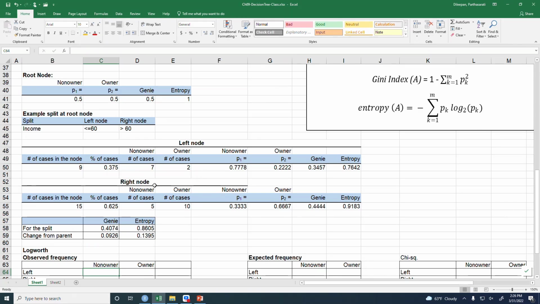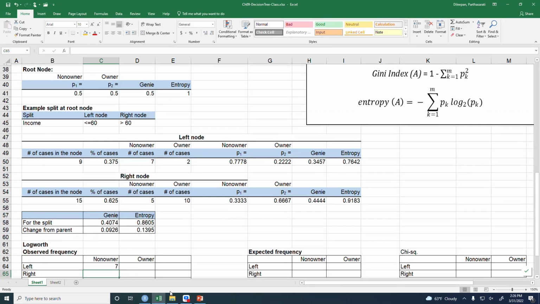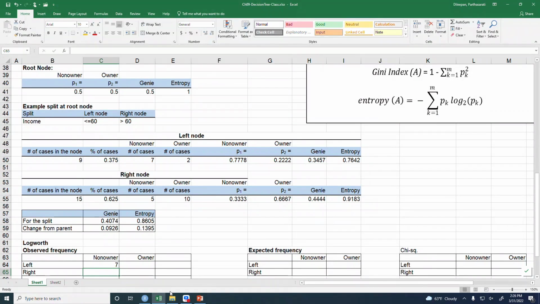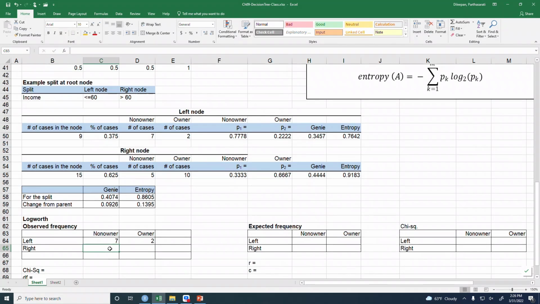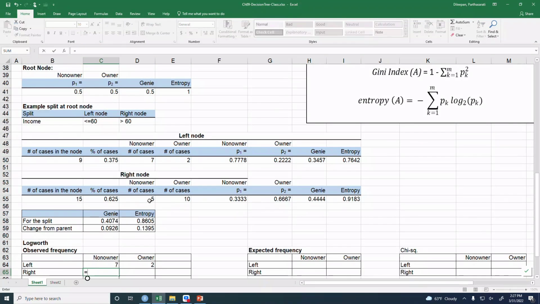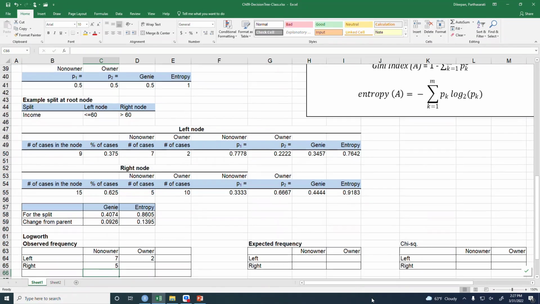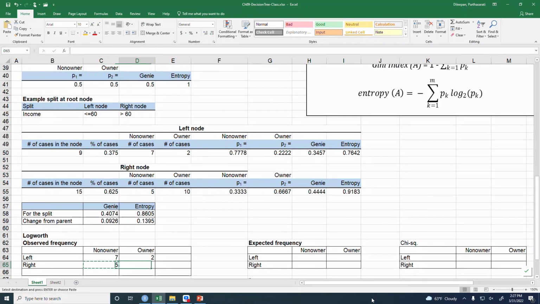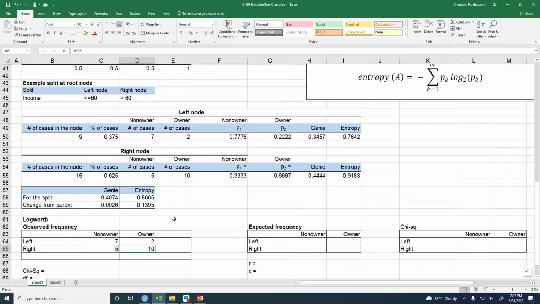So here it is, the number of non-owners for the left side node. And the number of owners for the left side node is right next to it. Now on the right side node, the number of non-owners is here. Let me copy that. So that's our owner.